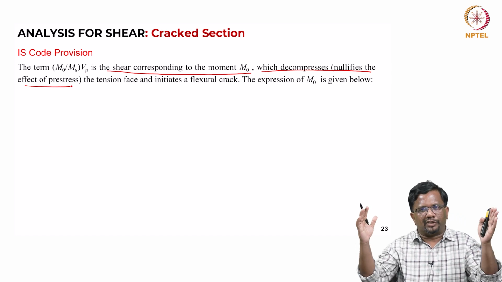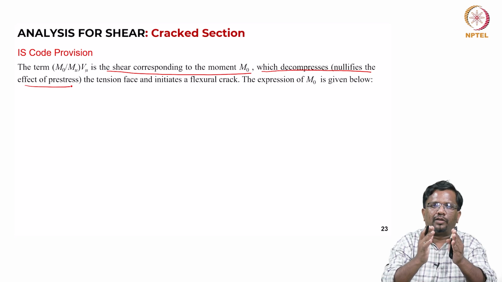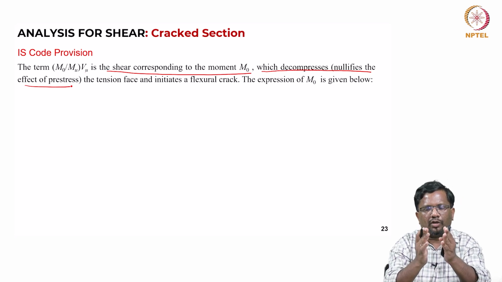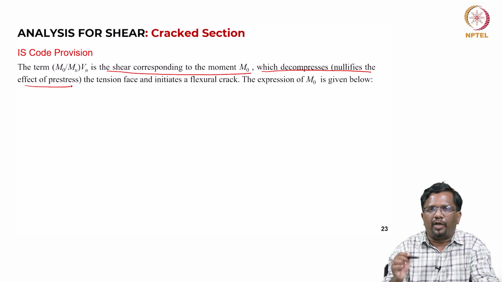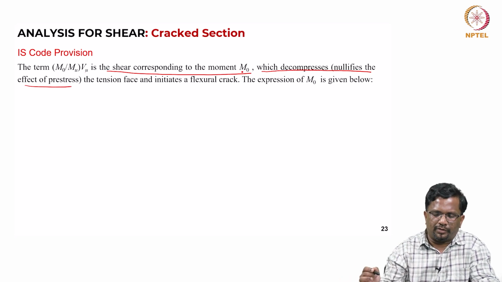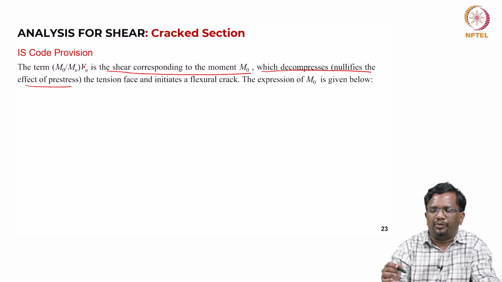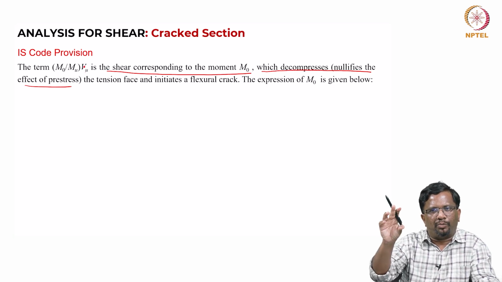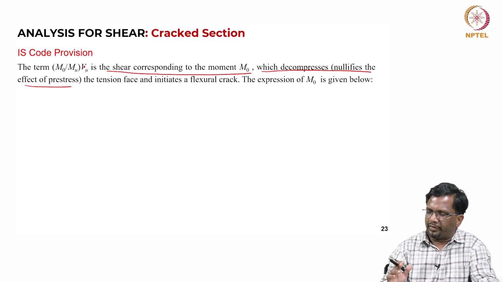You see, in pre-stressing we put some horizontal stress, and when the moment is increased, that horizontal normal compressive stress will become 0. How much moment I need to apply to nullify that pre-stress is what we call M naught, right. So, M naught by Mu into Vu is nothing but the shear acting when the flexural crack is forming.